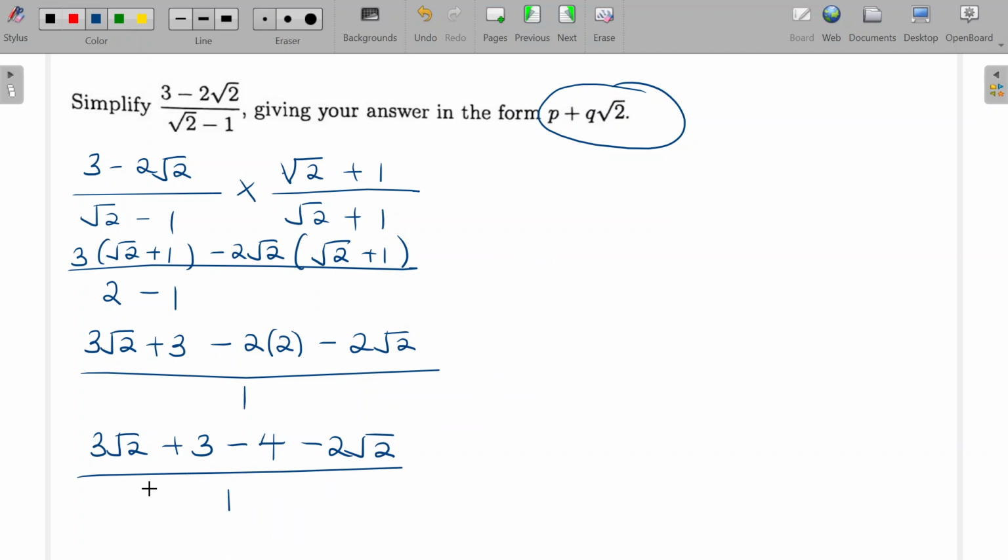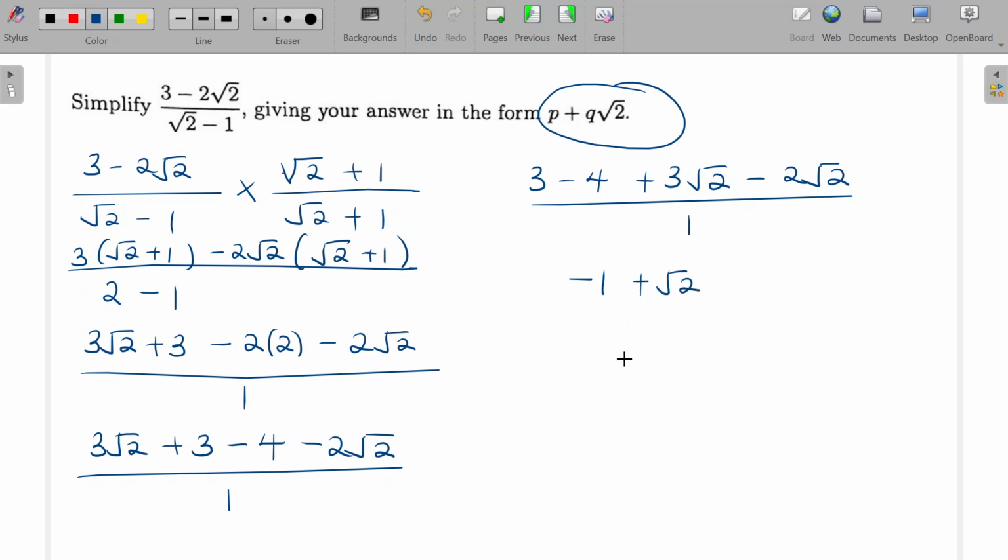So I'm going to have 3 minus 4 plus 3 square root of 2 minus 2 square root of 2, over 1. The 1 is just there before I remove it. So 3 minus 4 gives you negative 1. Then 3 square root of 2 minus 2 square root of 2 gives you plus the square root of 2.